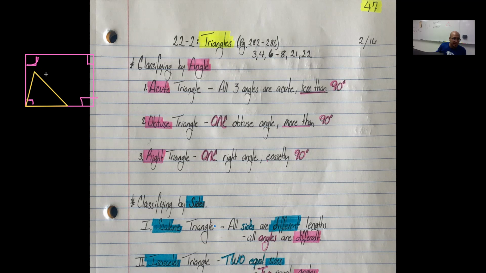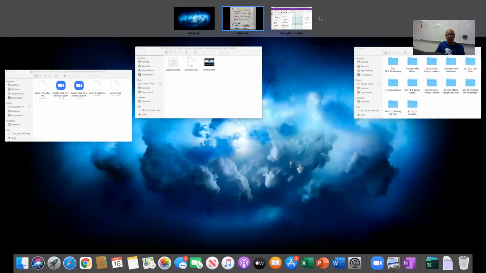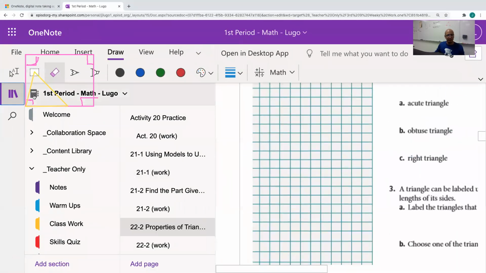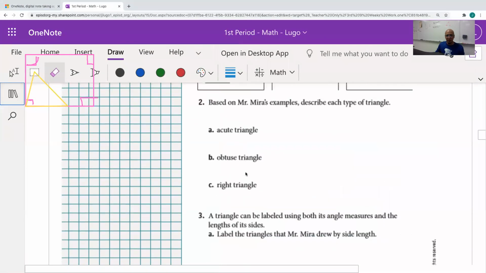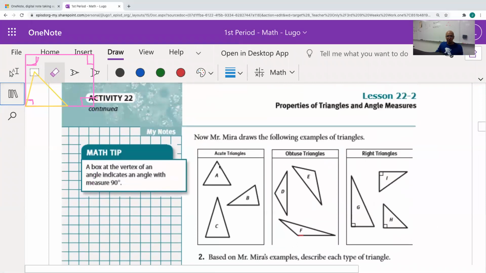This angle is not 90 degrees either, and neither is this one. In fact, if you look at your textbook, you can see that they have examples here of acute triangles. Although these all look very different, notice that none of them have an angle that is wide enough to be 90 degrees. All three of them are smaller than 90 degrees, and so that would be an acute triangle.